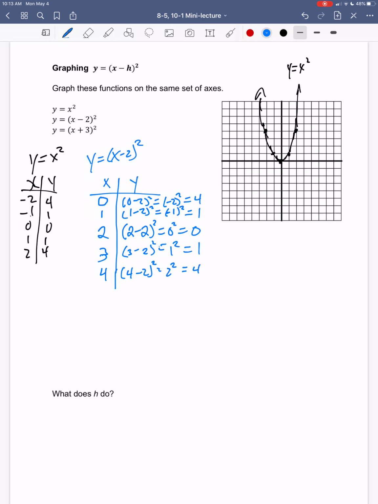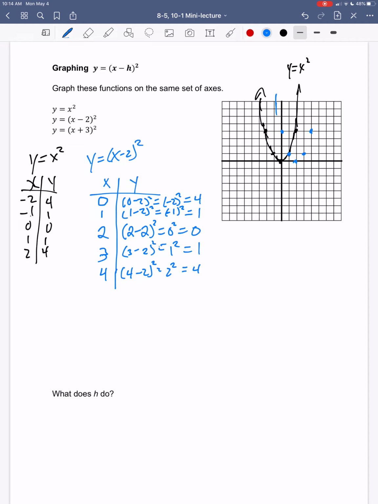So I've got 0, 4. I've got 1, 1. That's actually the same point. I've got 2, 0. That would be over 2, up 0. I've got 3, 1. And I've got over 4, up 4. What's happened to those blue points?